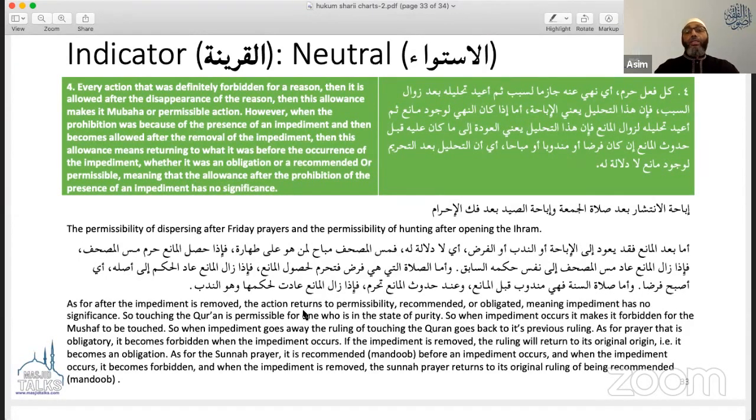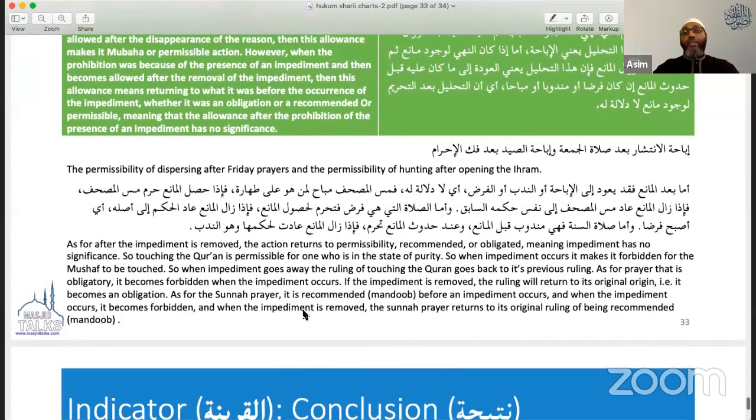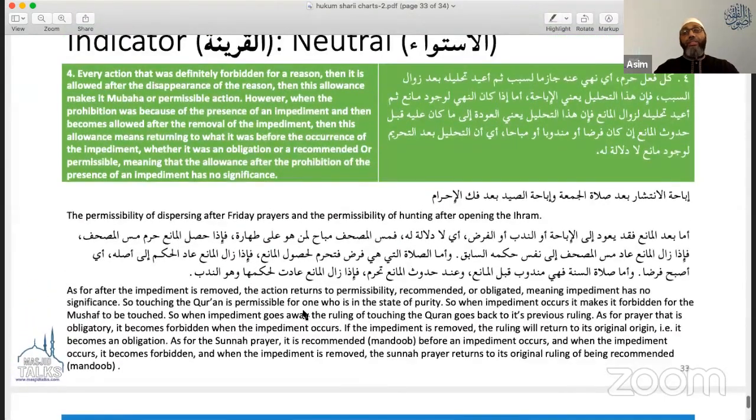Similarly, when it comes to the ruling regarding an impediment, for example, if a person is in a state of impurity, then touching the mushaf is not allowed. It becomes a mani', and once he comes out of the state of impurity, then it is allowed for him to touch the mushaf or the Quran.